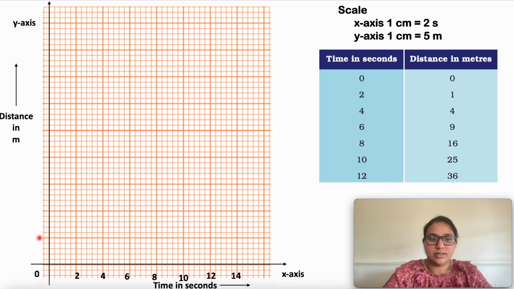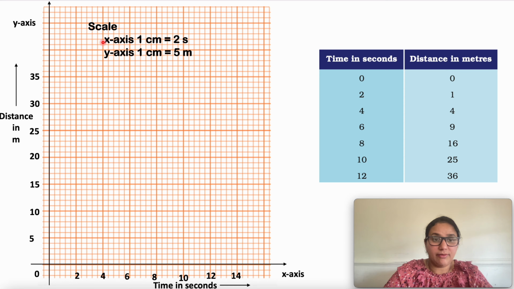That means 5, 10, 15, 20, 25, 30, 35. That is the y-axis. That means you can plot all the values, from 0 to 36 on the y-axis.